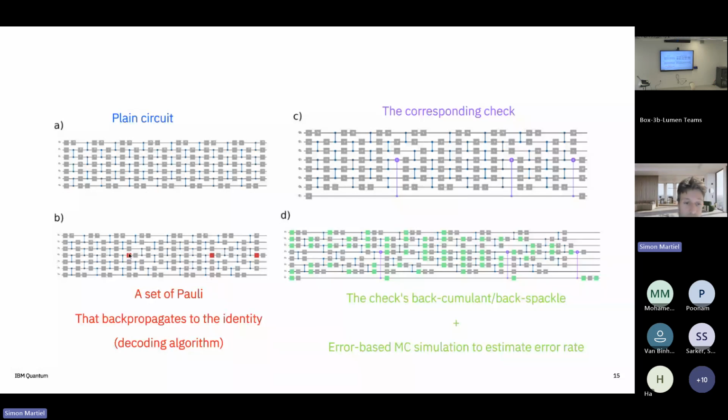So here we found a solution with three Pauli gates. Then we can implement the corresponding check, which will add those extra purple gates here. And then we can use the back cumulant of the check, which are all those green boxes, in order to assess what will be the new logical error rate after implementing the check, and decide if we want to keep that check or find a better one.